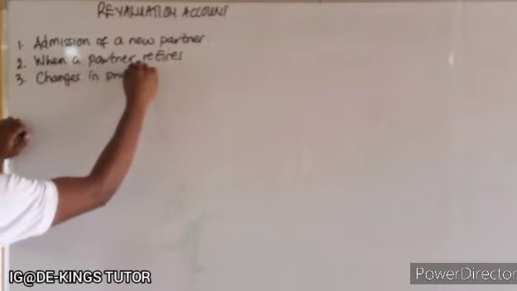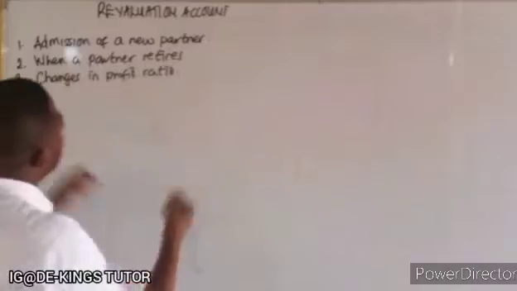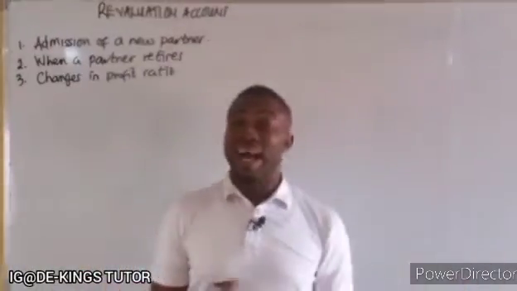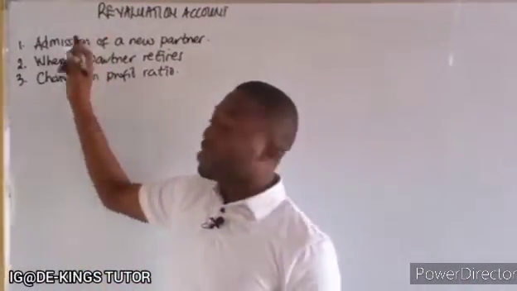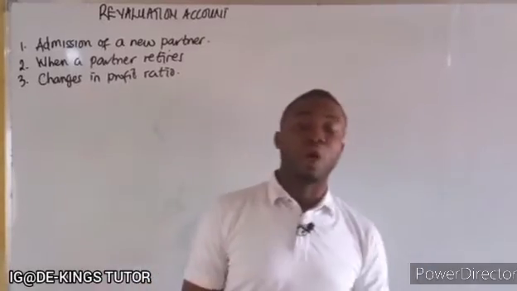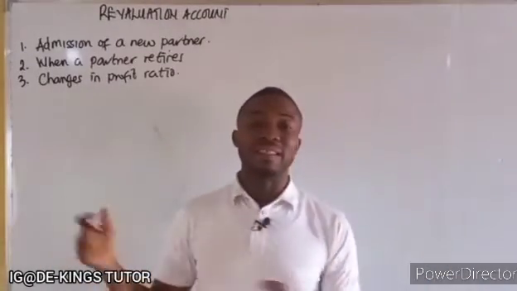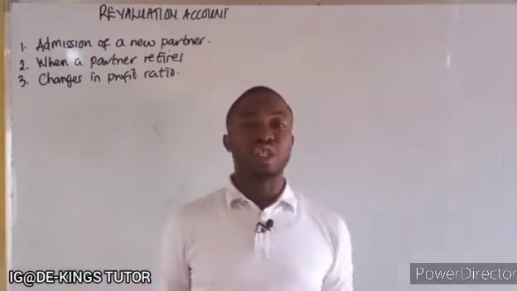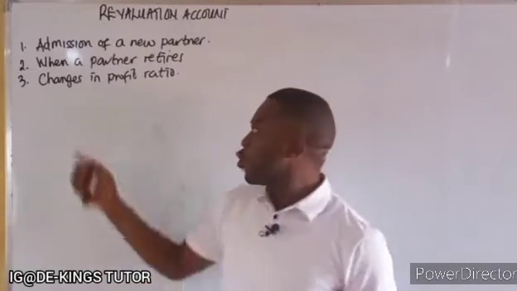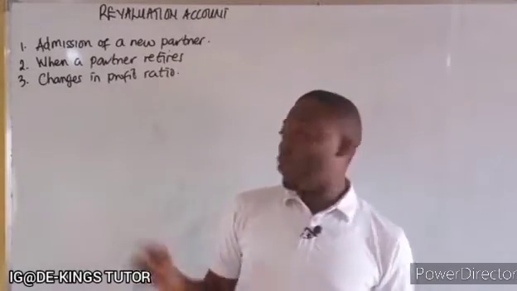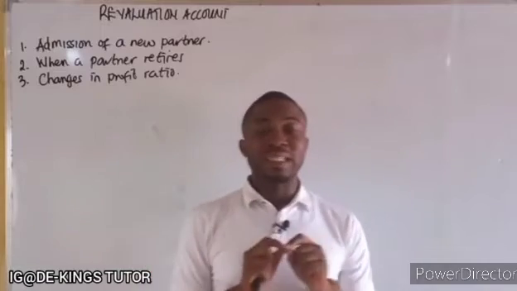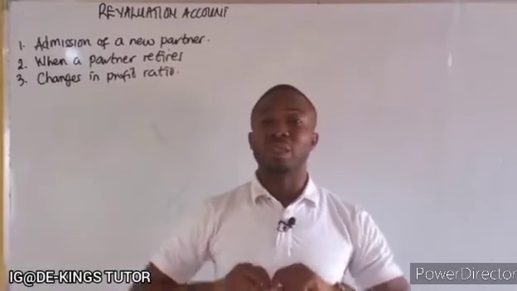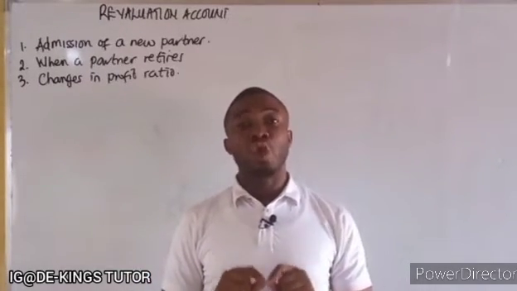in profit ratio. Now, when we started, I said one of the reasons for revaluation is because the economic activities and economy in general change. It is not static. Okay, so when there is changes in profit ratio, what does this insinuate? It insinuates that the previous profit ratio they might have been taking is no longer enough.